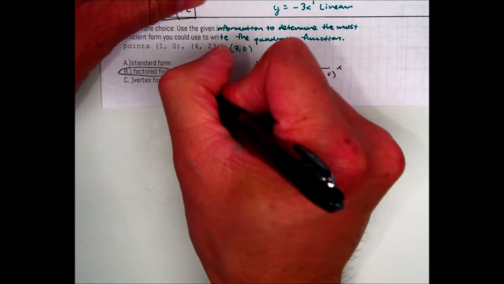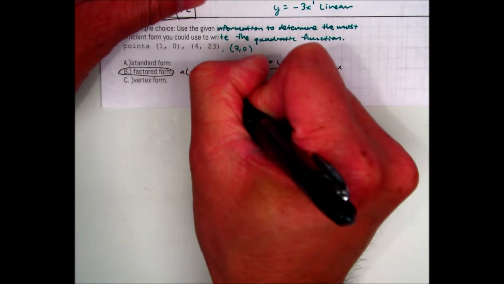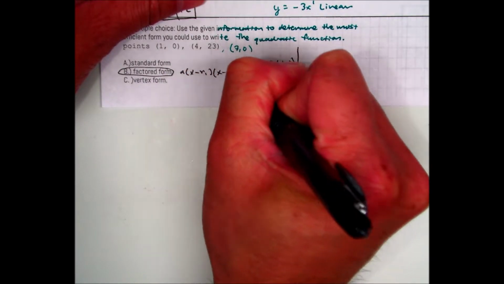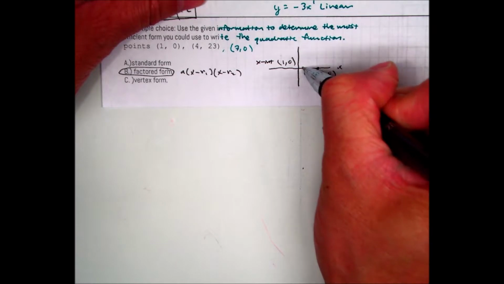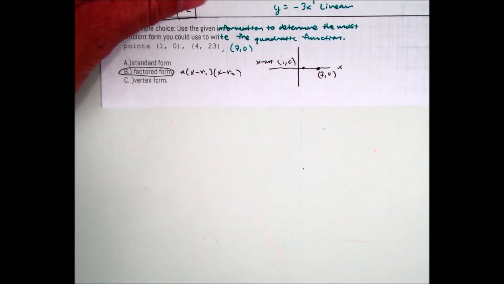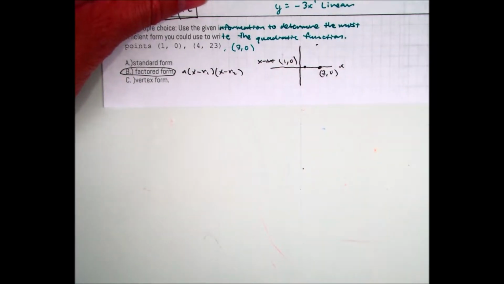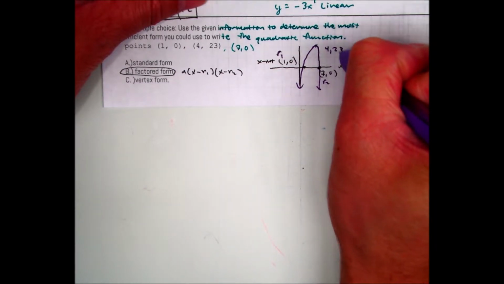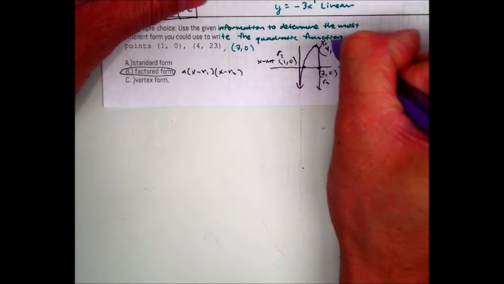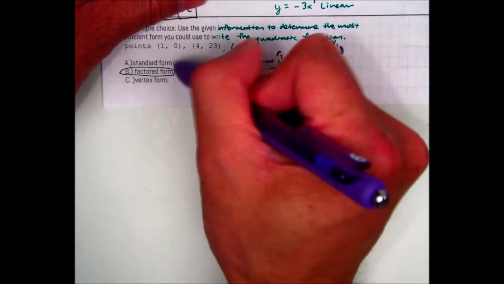Because factored form is a times (x minus r1)(x minus r2), and the r values are the roots, which are another name for where it crosses the x-axis. (4, 23) would be something like this, and then your graph, if you wanted to, would just be. So if you ever wanted to actually write the equation, this would be your r1, and this would be your r2, and then up here, this (4, 23) would be your x1 and y1 values that you can put into this equation.